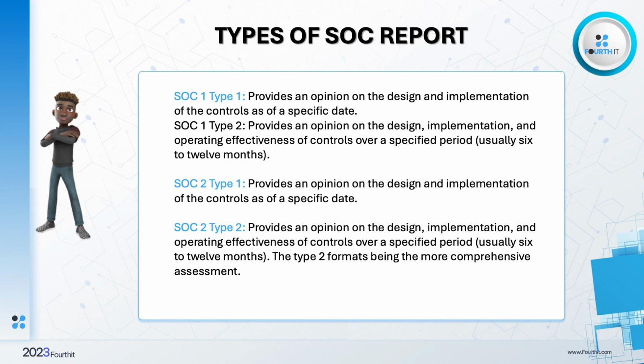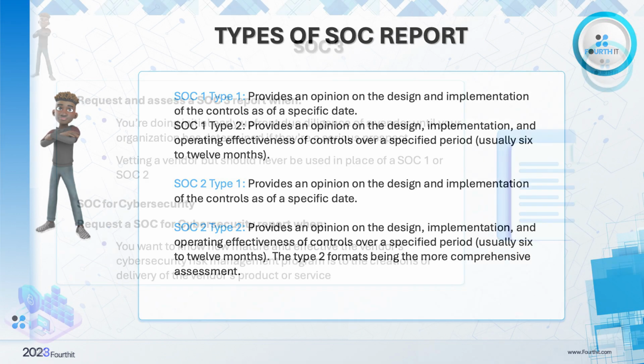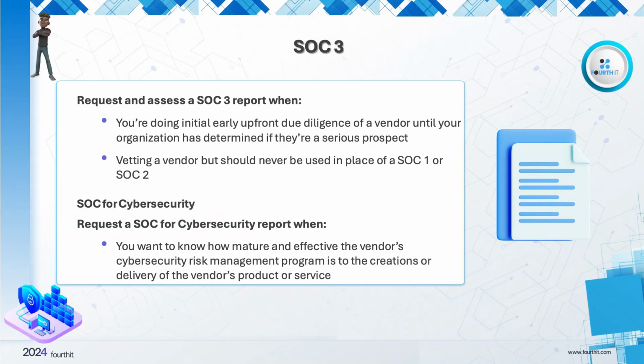Now, SOC 3. You request and assess a SOC 3 report when you are doing initial, early upfront due diligence of a vendor, until your organization has determined whether they are a serious prospect.